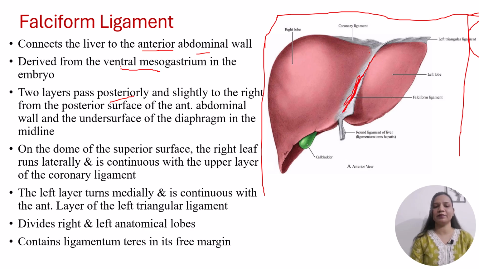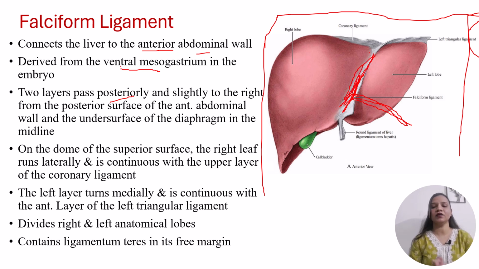The two layers of this ligament are passing from the posterior part of the anterior abdominal wall, going slightly towards the right, and then attaching to the anterior surface of the liver.